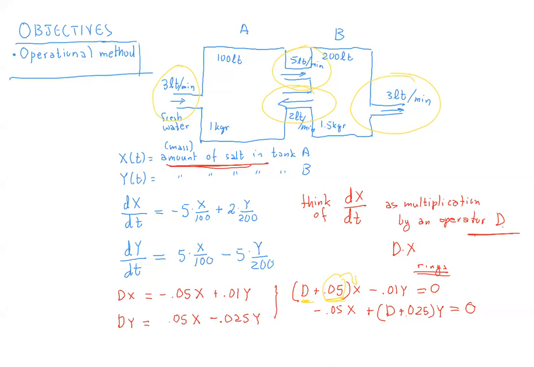But by considering them as numbers, we will be able to handle systems in a way very similar to how you handle a system of regular equations. So in other words, we're going to apply a sort of elimination method to that system.